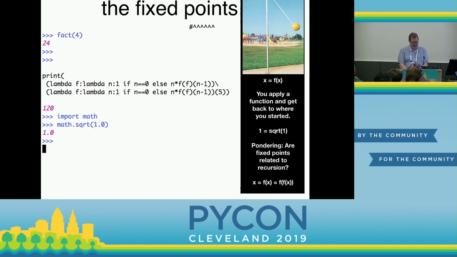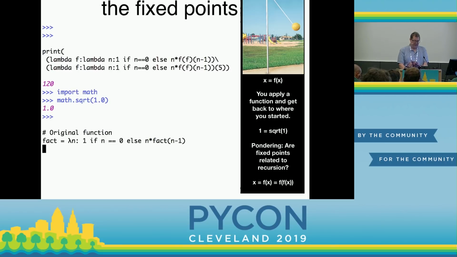To talk about that, I'm going to go back to this factorial function for a second. I'm going to do it as the lambda version of it. Okay, so this is what we started with, our original function.